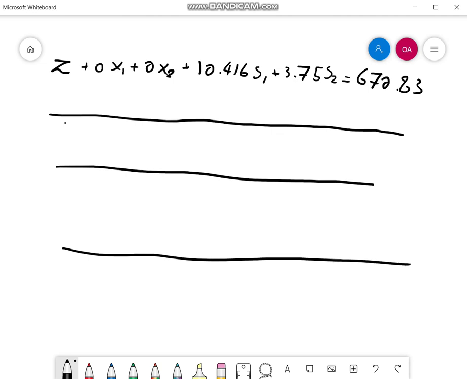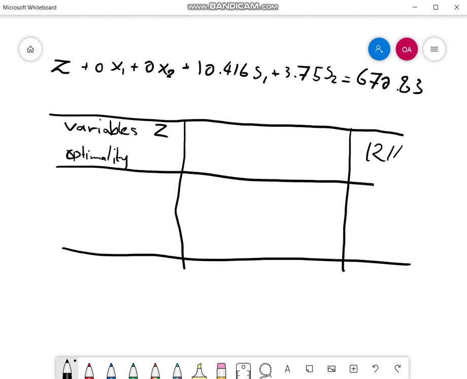We have here the variables: z, then the optimality row, and then the right hand side, x1, x2, s1, s2. We have x2 and x1, and we just copy them from the first phase. So this is phase 2, first iteration.